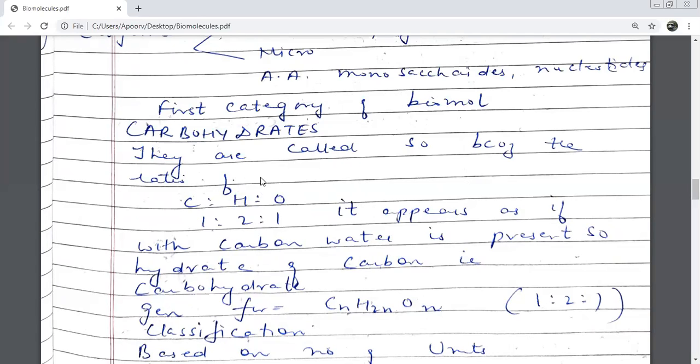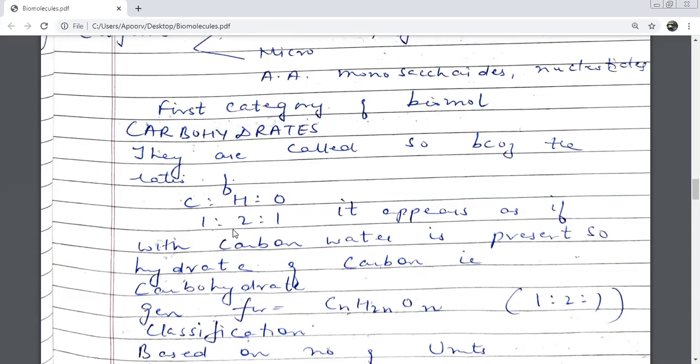If you see this ratio, it looks as if water is attached to carbon. So carbon ka hydrate, carbohydrate. That is why this name is given. Hydrate means water, and water is present with carbon. That is why we call them carbohydrates.